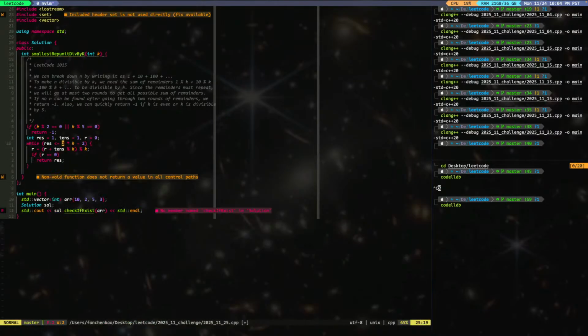So if k is equal to 1, then because res has to be 1, k is equal to 1 doesn't work.